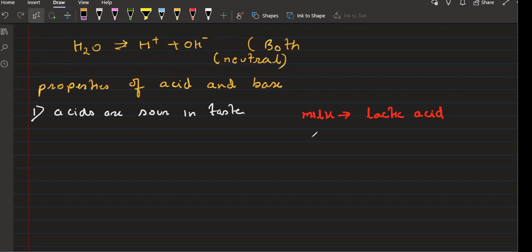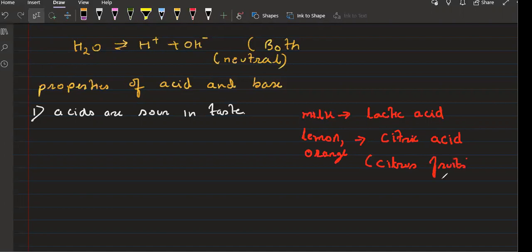And the second most common acid, which is present in lemon, orange, or any fruit which tastes sour, is called citric acid. That's why these fruits are also called citrus fruits.